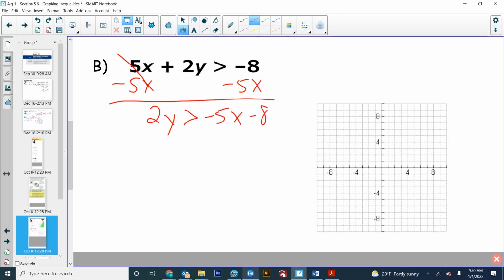Now what do we do? Divide by what, Bray? 2. Is my slope going to be negative 2.5, or negative 2 point what? No, leave it that way, as a reduced fraction, like we talked about. But what's my y-intercept?